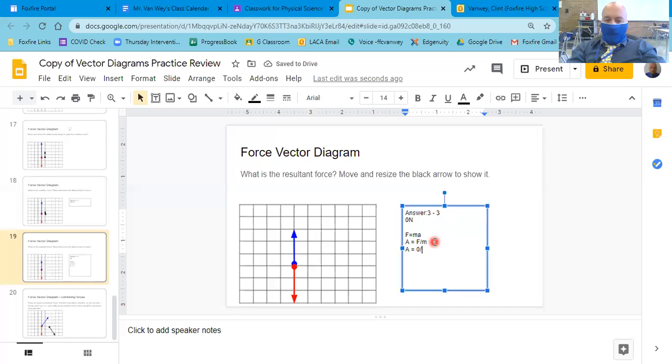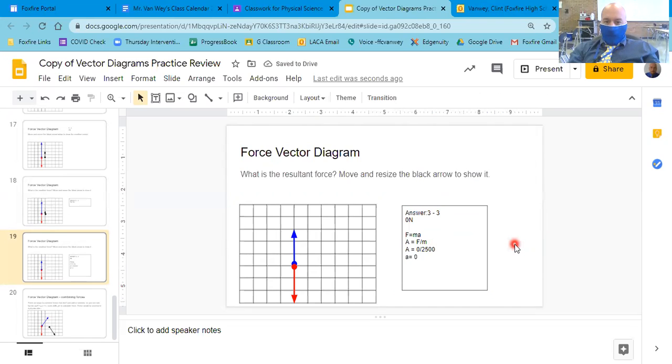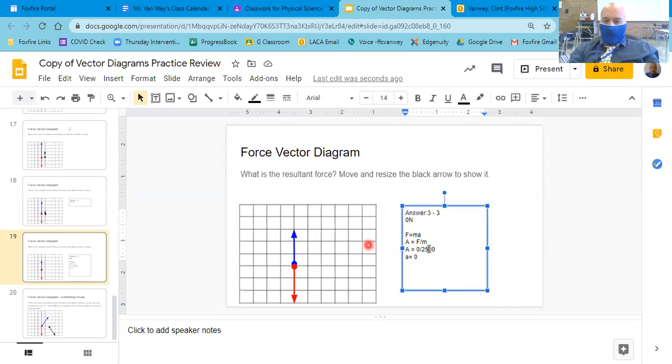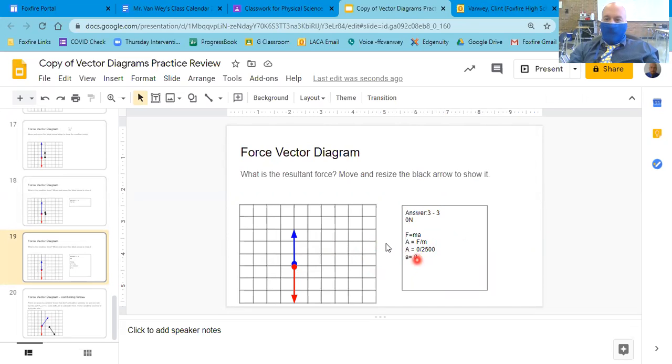Do we even need to know what the mass is? Let's say the mass is 2,500. What's 0 divided by 2,500? 0. The acceleration of an object where the forces balance each other, the mass doesn't matter. If the forces balance, then the object does not accelerate. That's Newton's first law of motion. It's actually Newton's second law of motion as well, because it says that the amount of force on a mass tells you its acceleration. There's no resultant force, there's no acceleration.